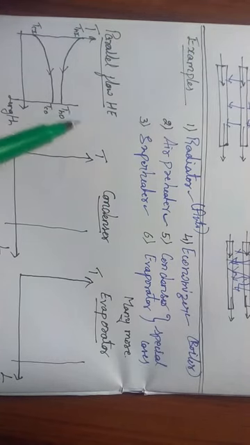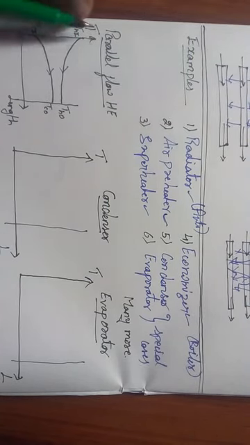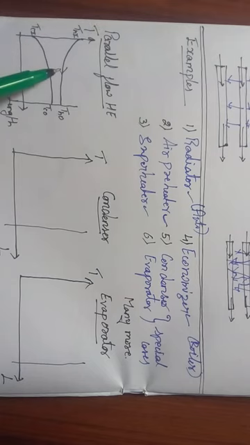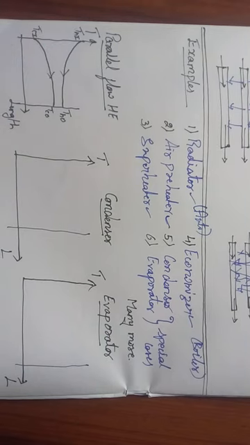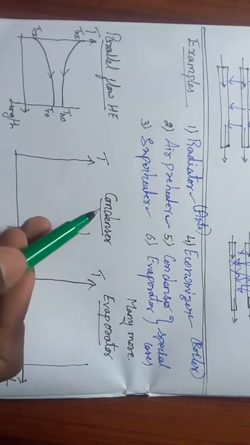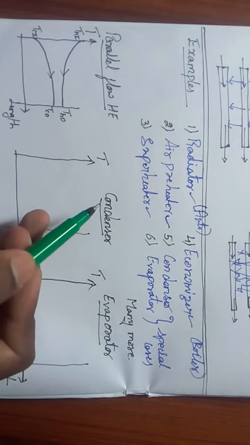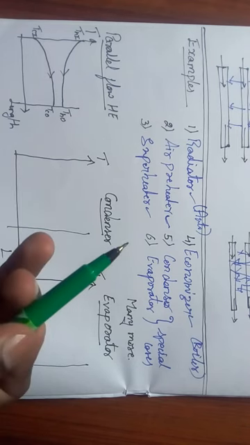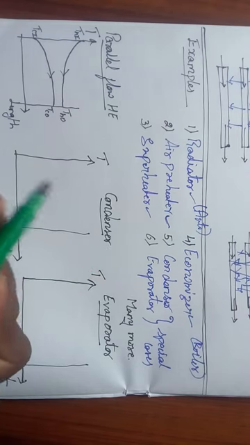So before coming to condenser, you need to recall the parallel flow heat exchanger. Here the direction was the same for hot and cold fluid, and this is the temperature variation across the length, right? Now what is a condenser? It is that device which exchanges heat between the hot fluid and the cold fluid, where the hot fluid gets condensed.